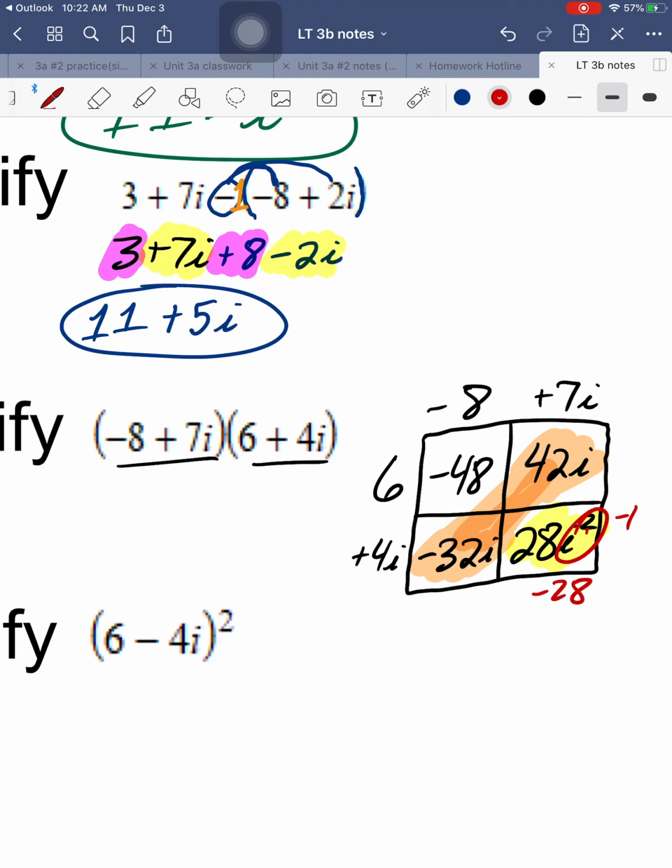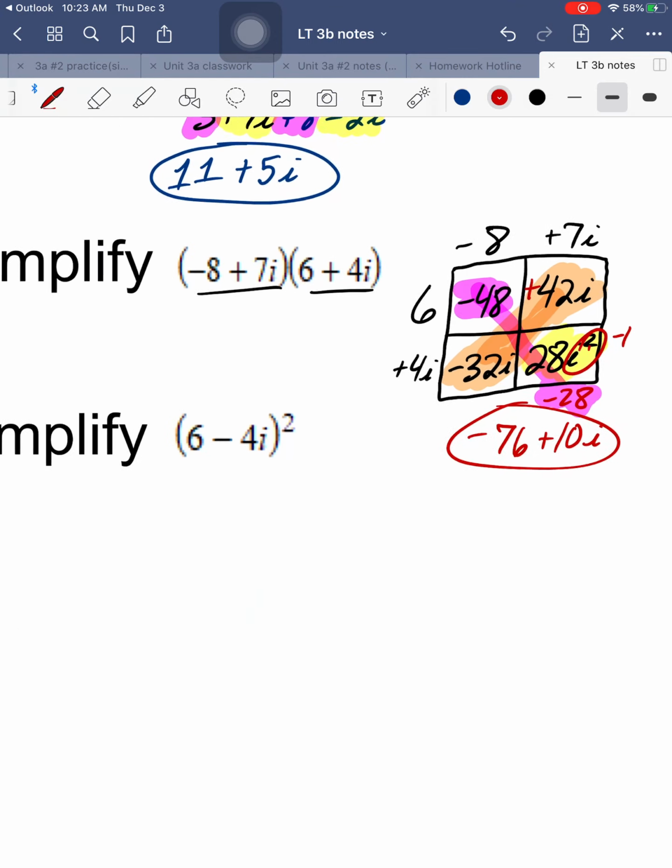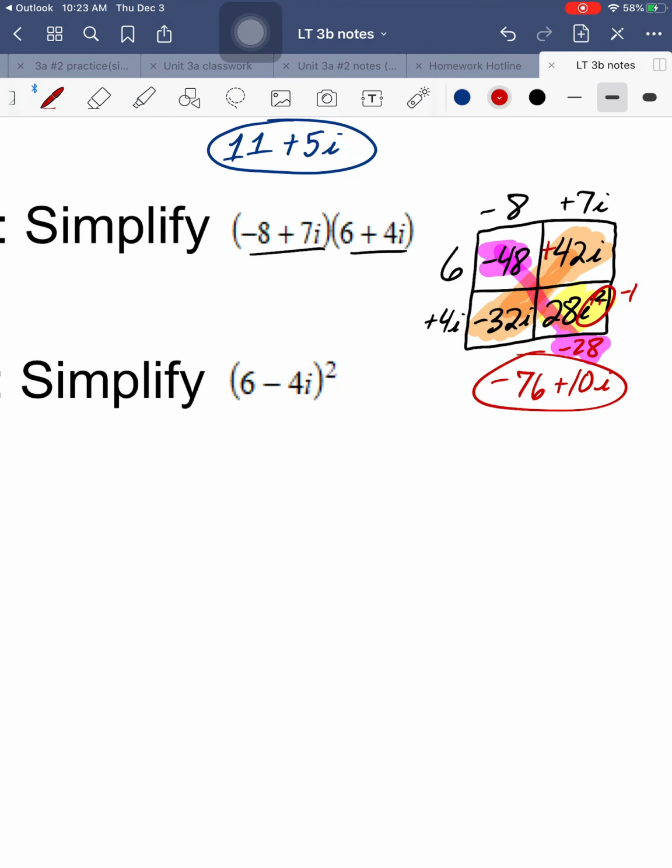And now we actually have like terms here also. So negative 28 minus 48 is negative 76. And negative 32i plus 42i, or 42i minus 32i. Doesn't matter which way you do it. But that's going to be a 10i. Either way works.